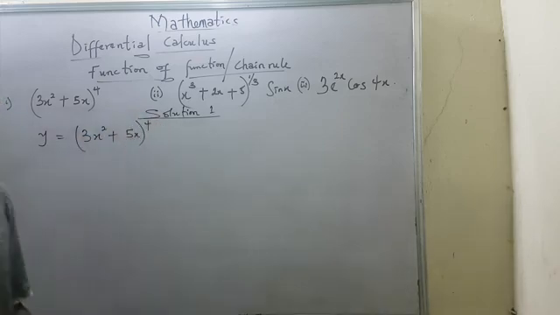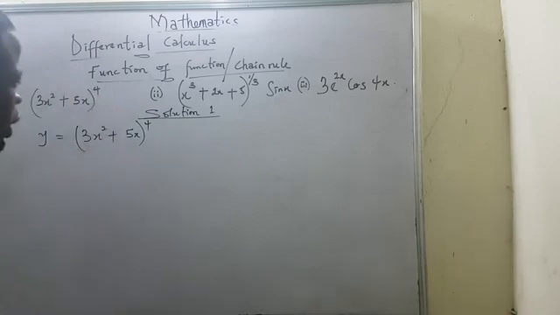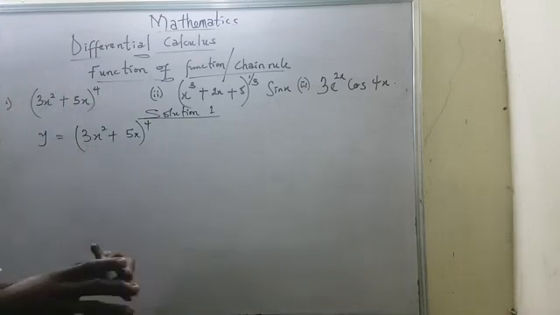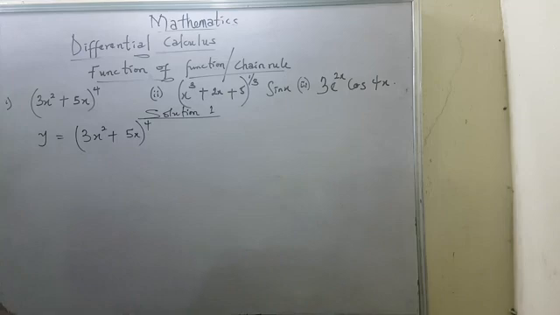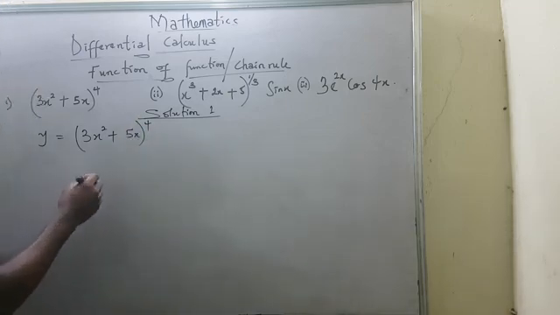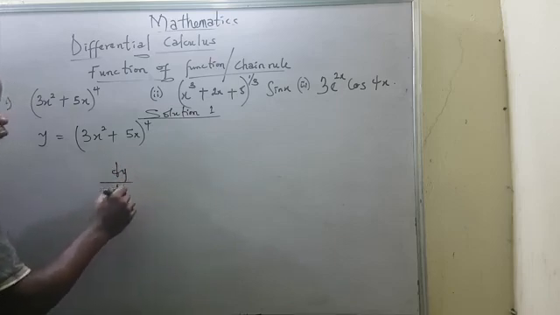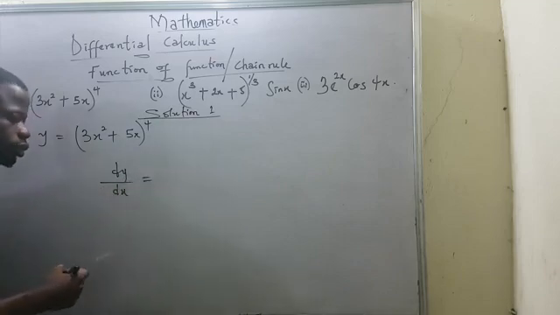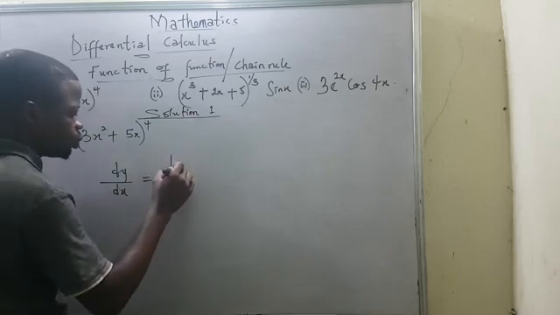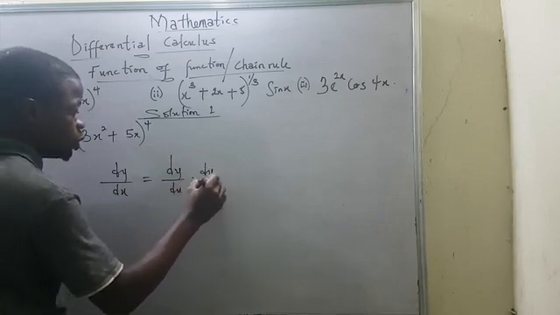Now, I'll take you two ways to go about this. There's an easier, faster way, and there's a general way, which follows the chain rule. So if you have the chain rule, dy/dx can be equal to dy/du times du/dx.